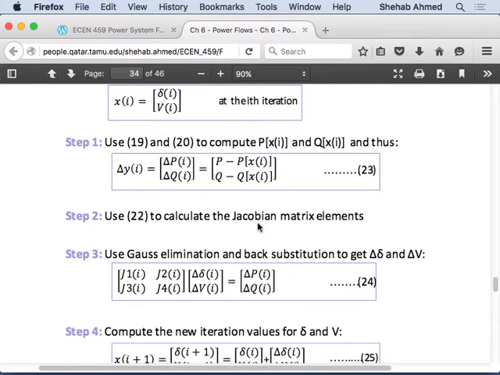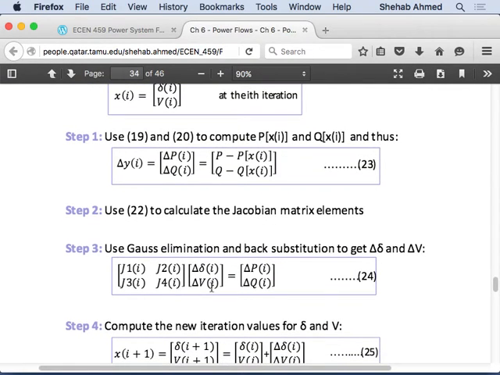After you construct it, you can find your new delta thetas and delta V's by taking this Jacobian, inverting it and pre-multiplying it by the power sensitivity matrix, which is what we just did.